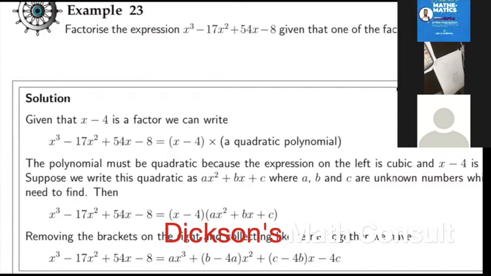No, you didn't get 0. Okay, so let's try positive 2 instead.